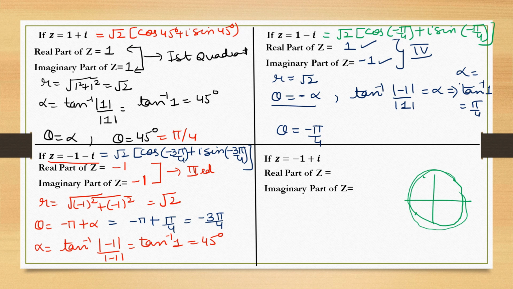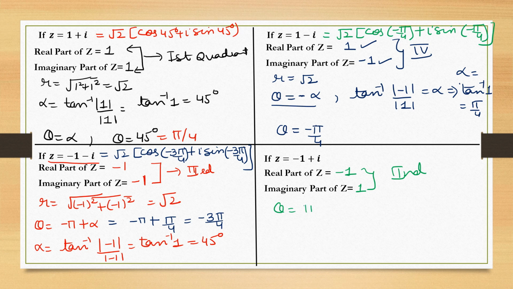Now for the fourth one, what is the real part? The real part is minus 1, and the imaginary part is 1. So this is lying in the second quadrant because x is negative and y is positive. Here theta is pi minus alpha, and alpha is tan inverse of the modulus of the imaginary part over the modulus of the real part.